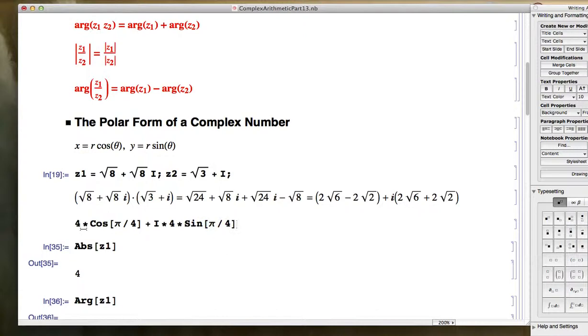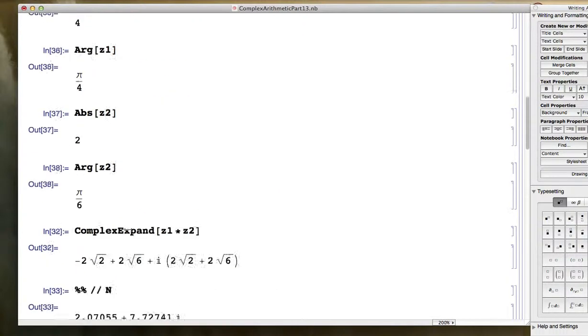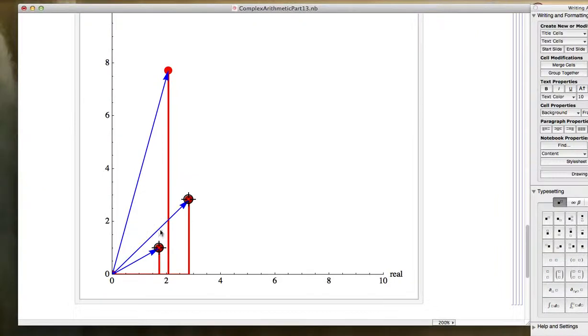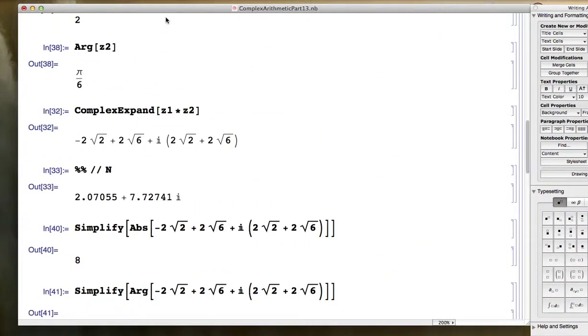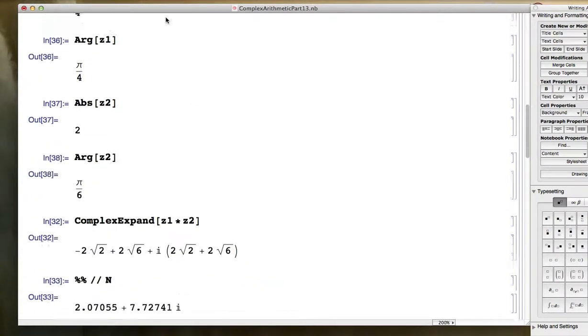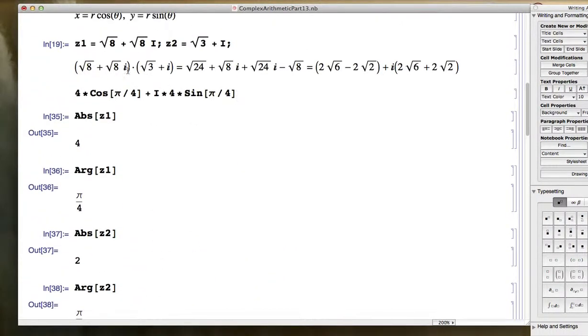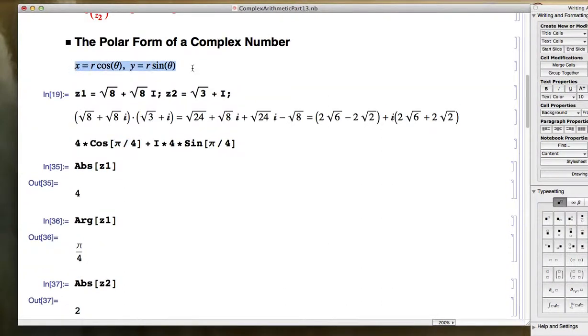Draw a picture. Think about drawing the triangle. Same triangle as you see here. Label your hypotenuse with the number 4 and your angle with pi over 4. Think about these equations that come from trigonometry, and think about the complex number, the fact that it's square root of 8 plus square root of 8 i, and you're going to realize this is another way to represent Z1.